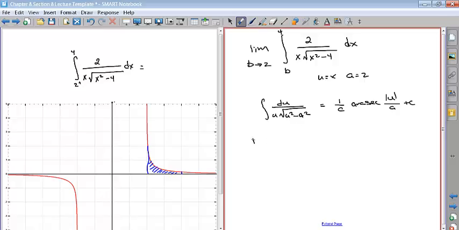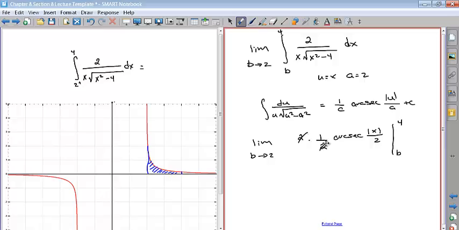So we take the integral, and we have the constant 2, and then 1 over x times the square root of x squared minus 4. So it'll be 2 times 1 over a, and a is also 2, times the arc secant of the absolute value of x divided by 2. This was an indefinite integral, but we're doing a definite integral here, so we go from b to 4.